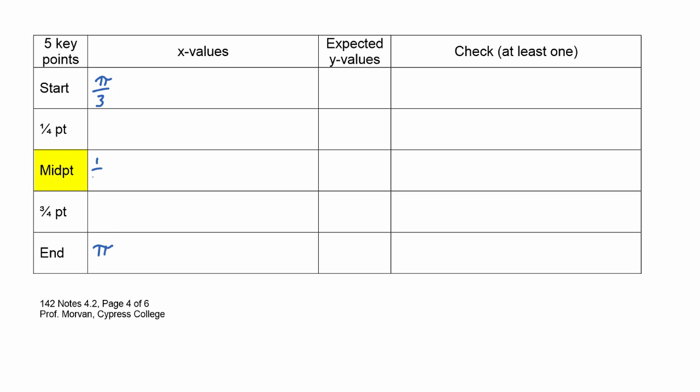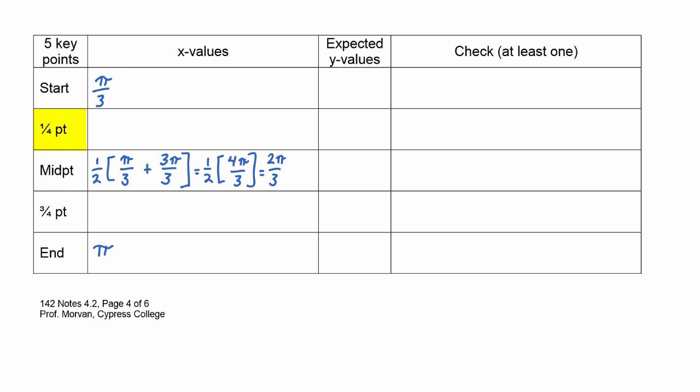So if we take half of pi over 3 plus pi, now I know I'm going to want this with a common denominator here, so I'm going to go ahead and write that as 3 pi over 3. Same thing as pi. This becomes 1/2 of 4 pi over 3, which is 2 pi over 3.